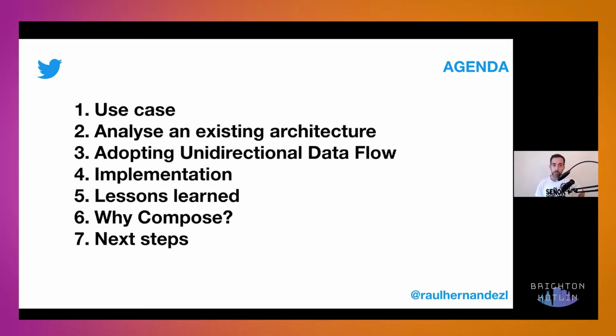You can still use unidirectional data flow, and that's the point. And then some implementation details, some lessons learned, which is probably for me the most interesting bit of this presentation, and why Compose can be a choice that matters to us on Android, specifically talking about. Finally, we have some next steps. Then also that's something we'll see.